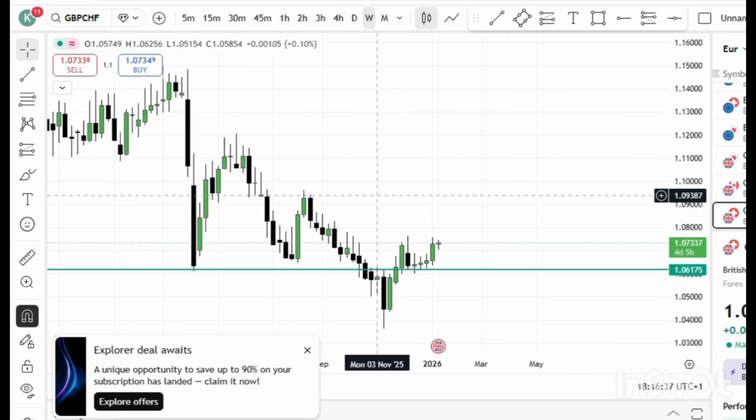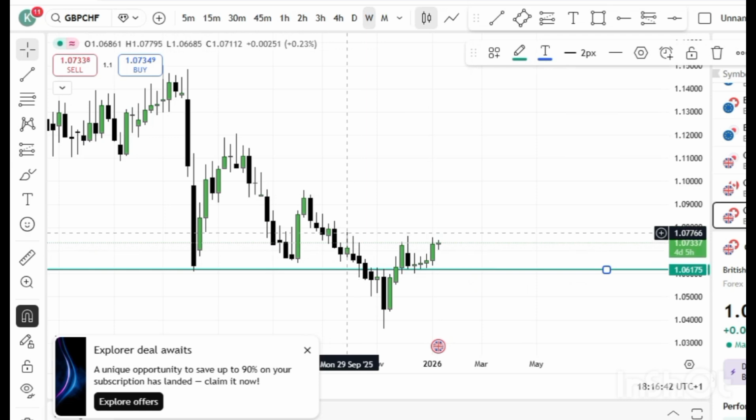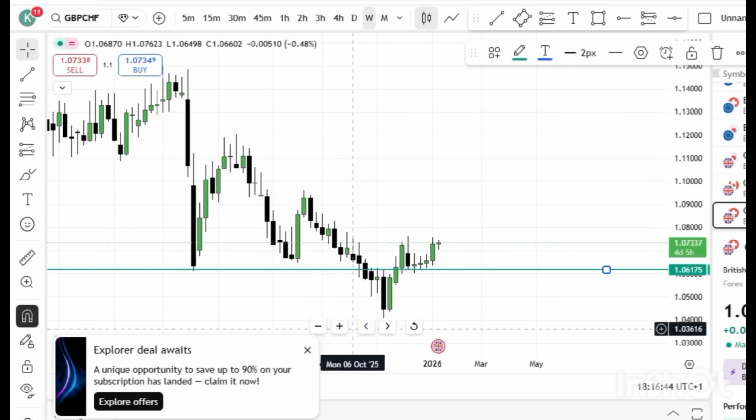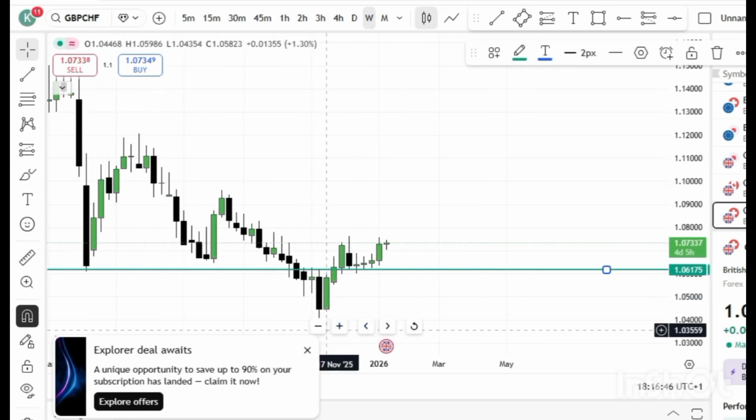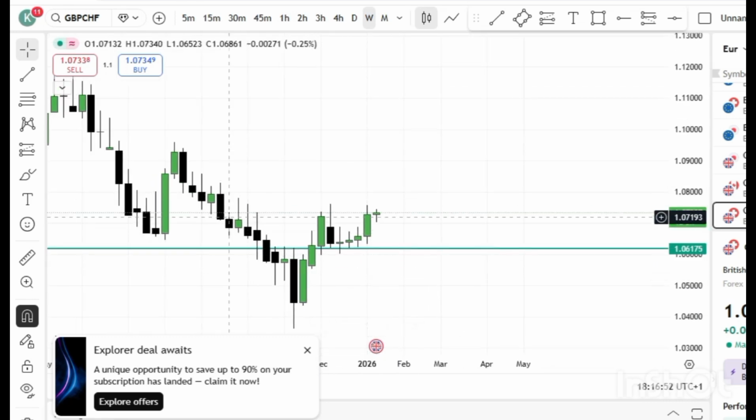As you can see here, the market has been in a downtrend, breaking out lower, although this breakout is not clear.